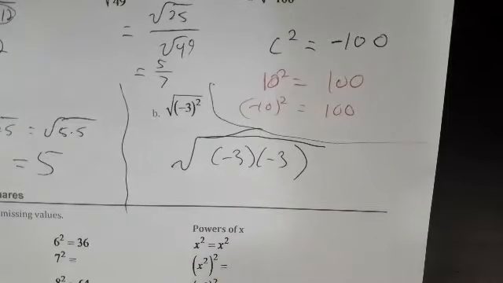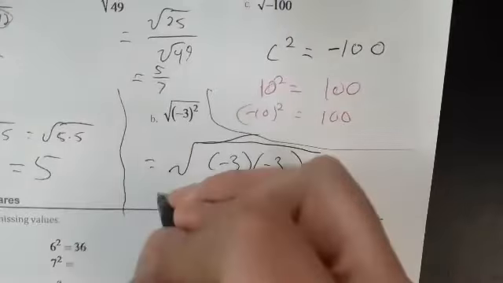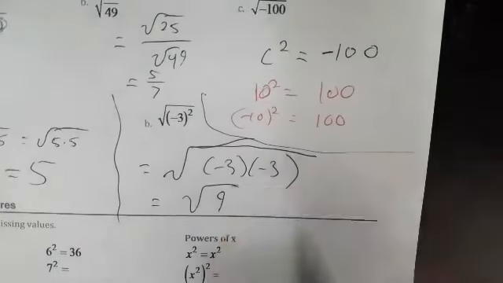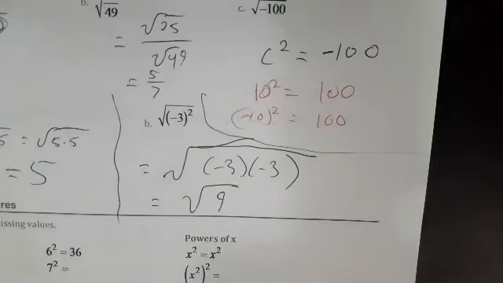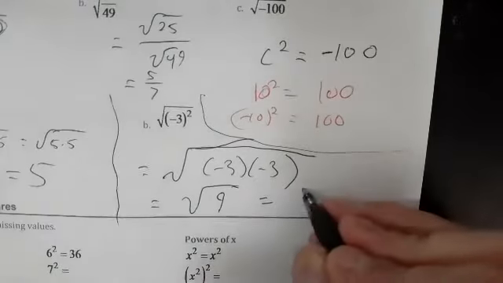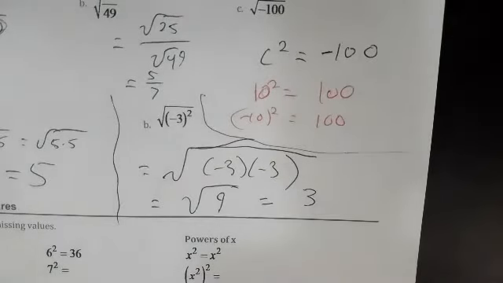You might notice that it's going to become positive. A negative times a negative becomes a positive 9. And so the square root of 9 is 3. So this comes out as a positive 3.